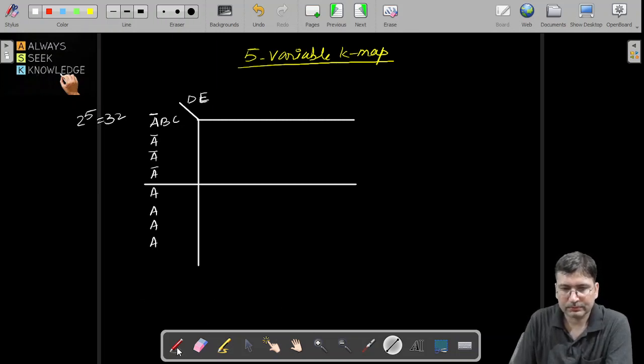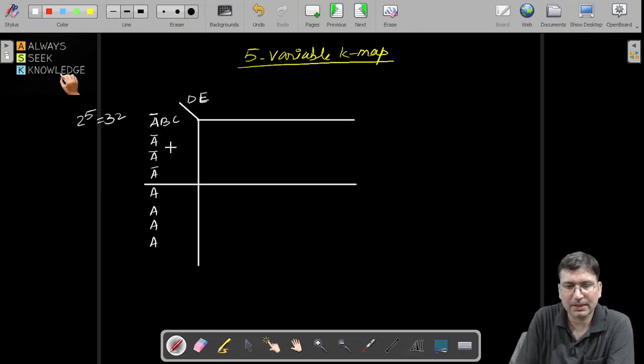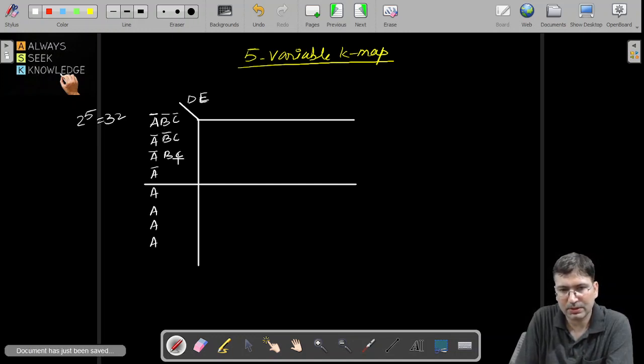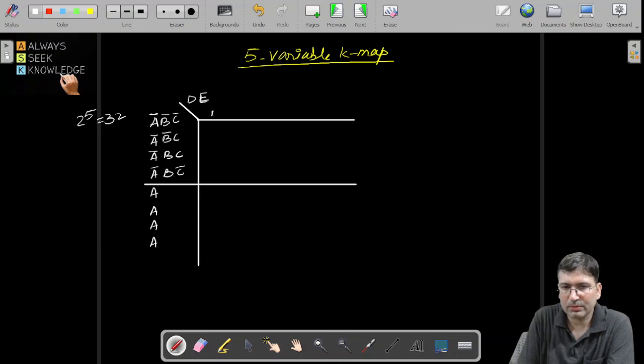Now for B and C, there are 2 combinations we have: B bar C bar, B bar C, then BC and BC bar. We have already seen this, right? There are only 2 variables D and E, so no confusion should be there: D bar E bar, D bar E, then D E, and then D E bar.